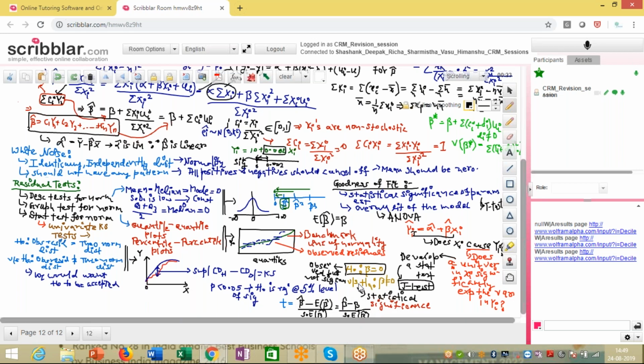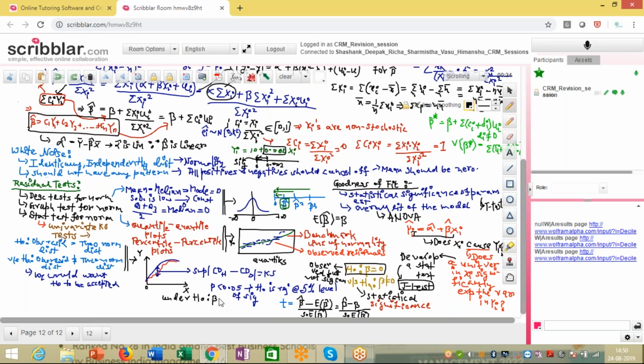Now, what is the value of beta under the null hypothesis? Because whenever we are trying to create a test statistic and take a test decision, we do it with reference to the null hypothesis. So under H0, beta is equal to 0.